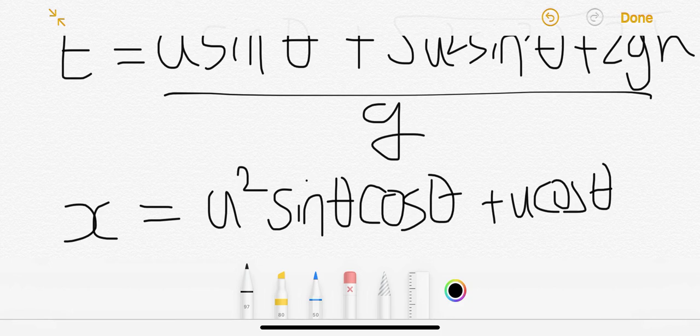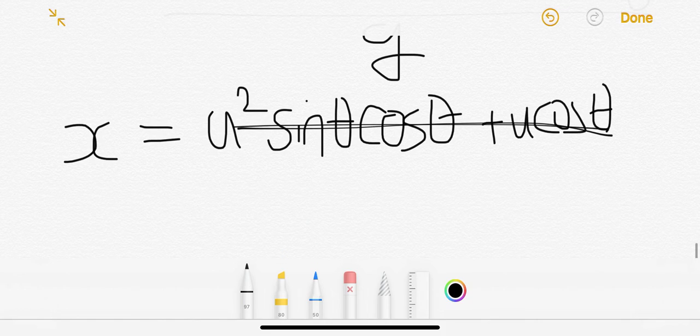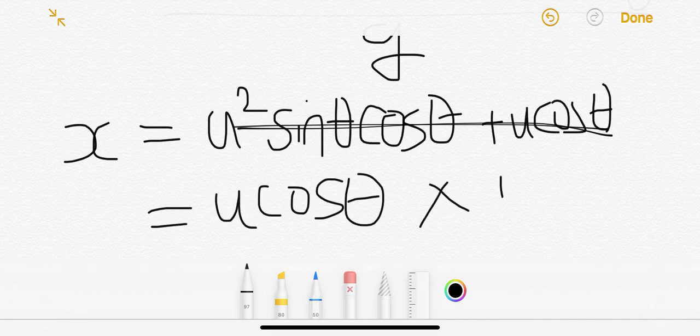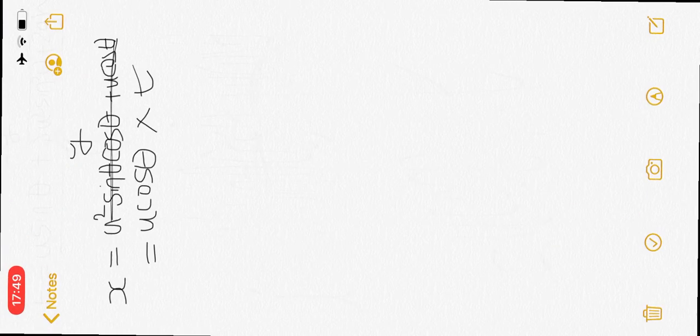I can't quite fit that in here, but we just know that x is equal to u cos theta all times by the value of t that you've just found. Check that right.